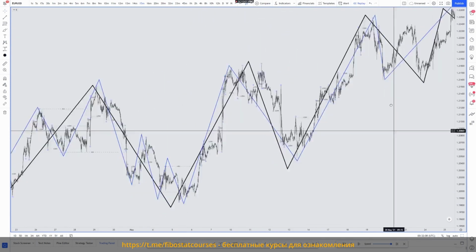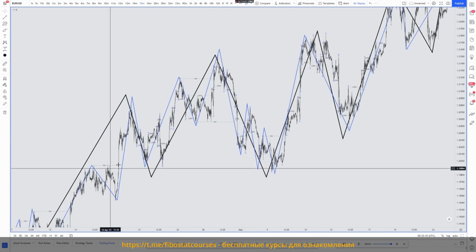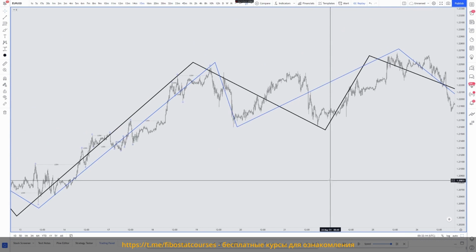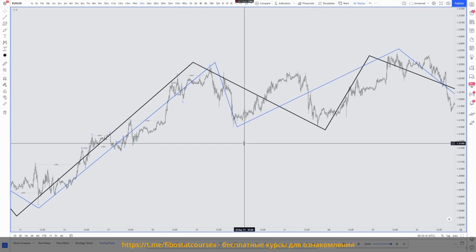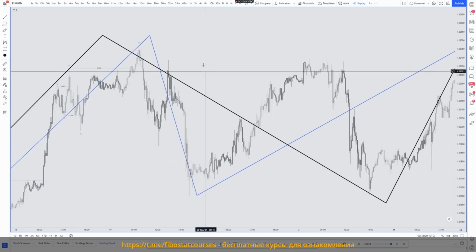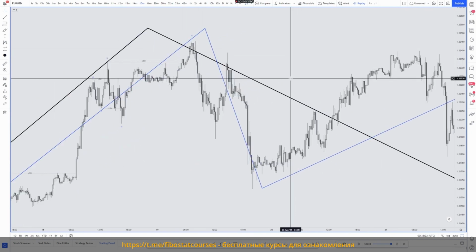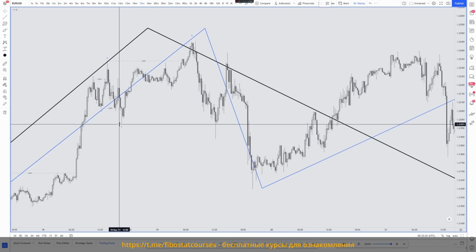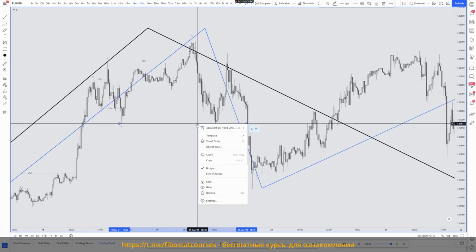So as you can see, we've mapped quite a bit of structure. Now what I'm going to do at the end of this video is join all these dots with a green line. I'm not going to make everybody sit through it, and we're going to discuss it in the next video, how you can use it to form trade ideas, and then you can kind of see how it all works together.